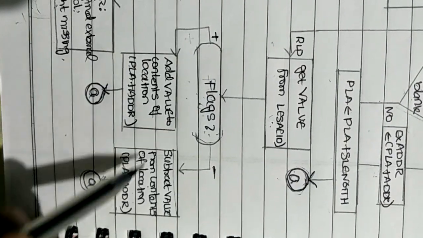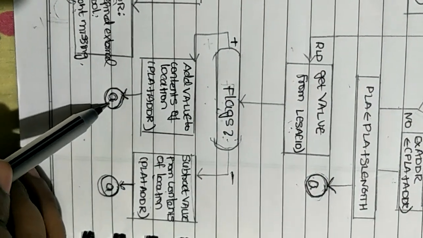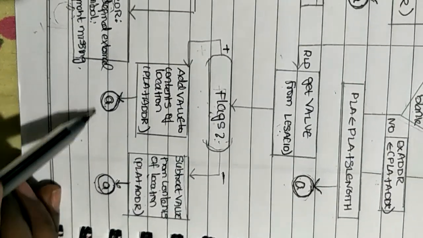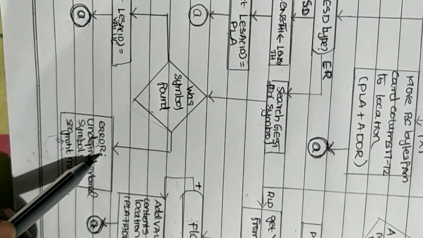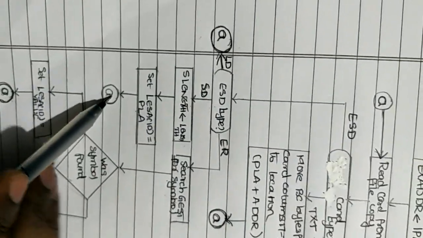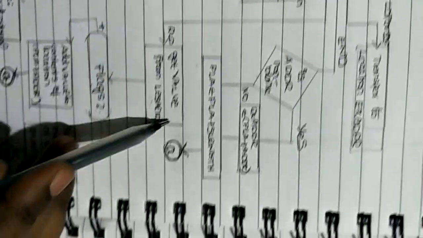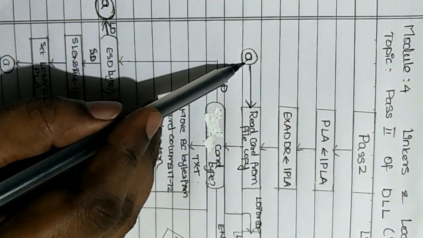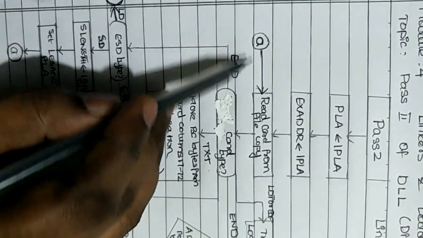Anyhow, after having this plus and minus, he is also ending with the A symbol. This A symbol here is an error, so we don't have this A symbol. Here is also a symbol, here is also an A symbol. In the entire diagram you will have the A symbol, and here is the mother, the entry point. Now this is the way to remember the diagram.